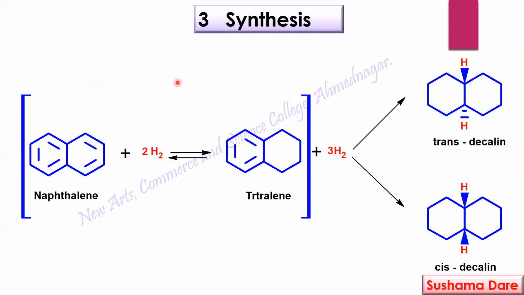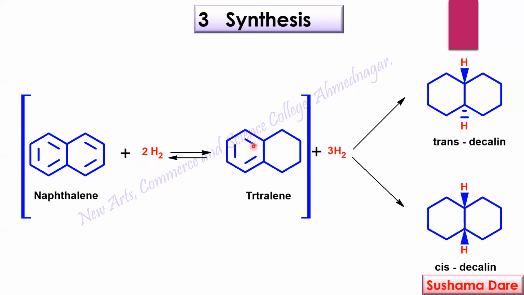Now, how to synthesize cis decalin and trans decalin? That is synthesized from naphthalene. So it is treated with 2 molecules of hydrogen, that is a reduction reaction. So these 2 double bonds are undergoing reduction. We call this molecule, where 2 double bonds are reduced, tetralin.